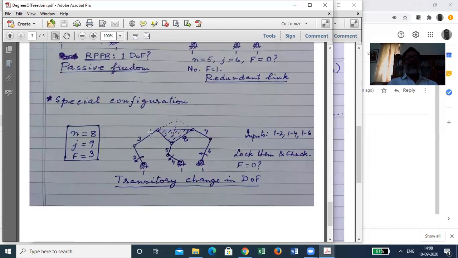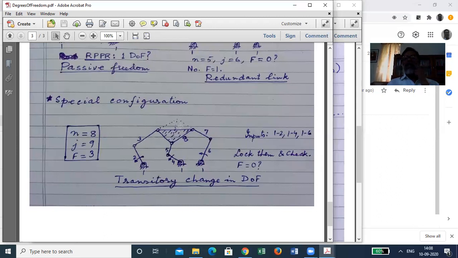So this body is actually a body under two forces, so the forces are equal and opposite and pass through the same line of action. So that will be this line.